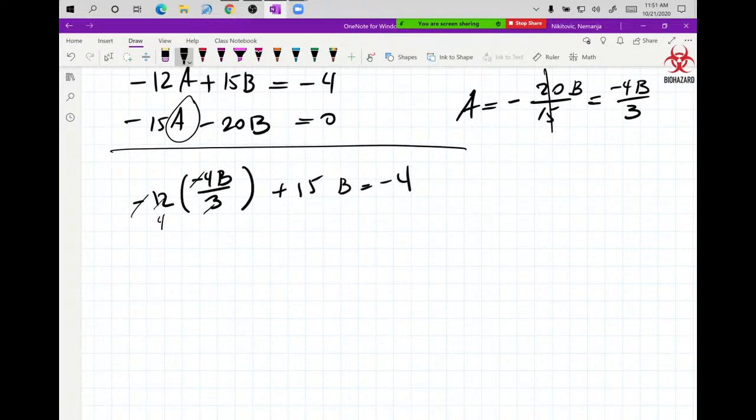Now negative and negative will cancel. 12 and 3 will give us a 4, so that becomes 16b, I hope. And then plus 15b, if we did everything correctly, is going to be 31. 31b equals negative 4.